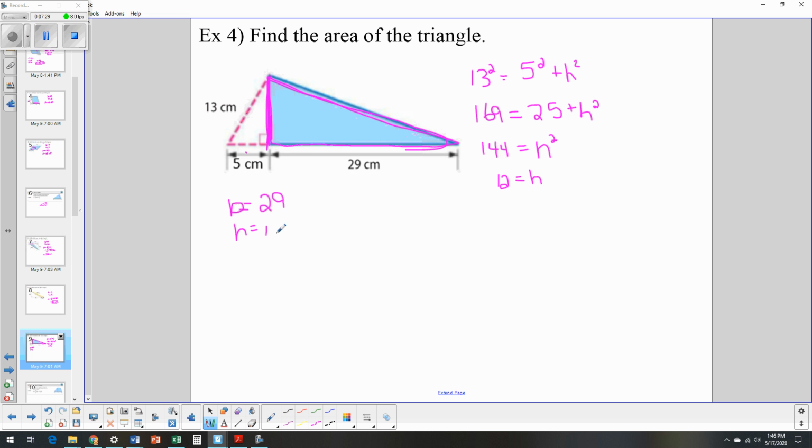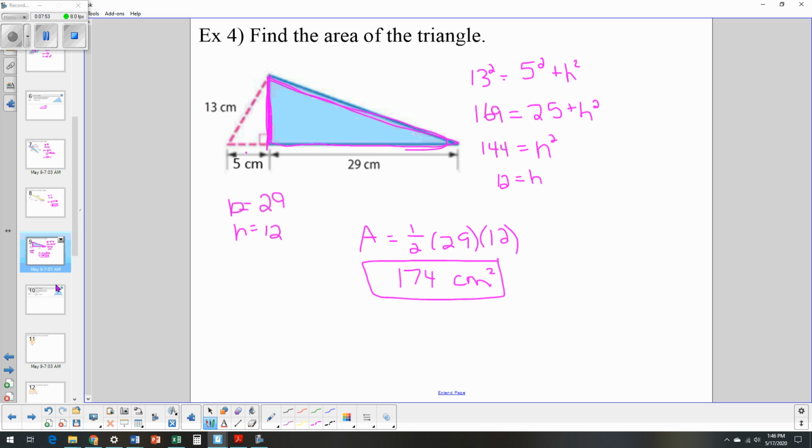And my height was 12. So I have everything I need. That's 1/2 times 29 times 12. So that's going to be 174 square centimeters.